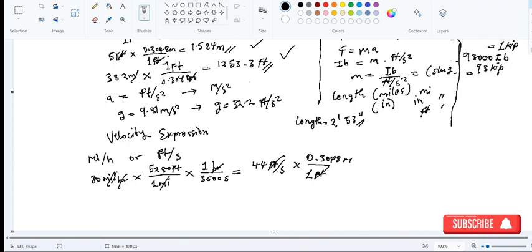So the feet cancel out, then we'll be left with meter and seconds at the bottom. So I'm going to type this in: 44 times 0.3048, and we get 13.41 meter per second. You can see we converted from mile per hour to feet per second, and now to meter per second. This is how you can easily convert from one system of units to another.